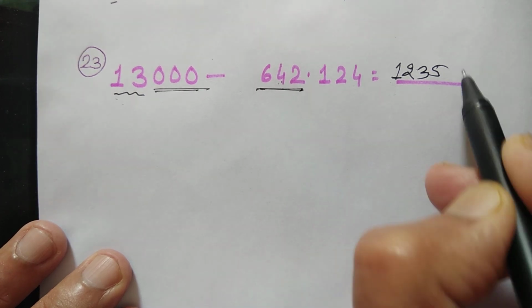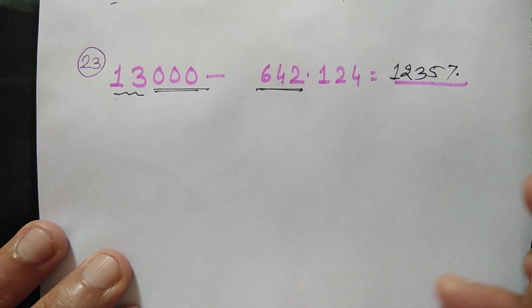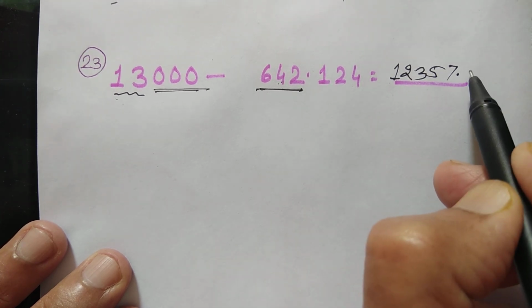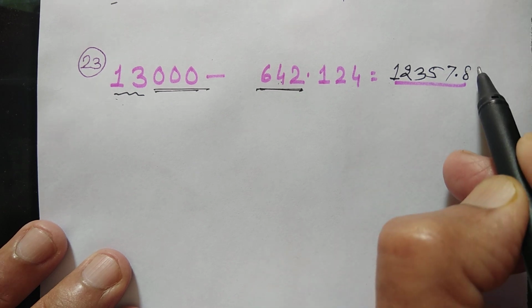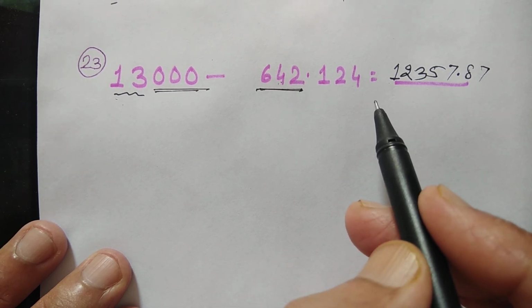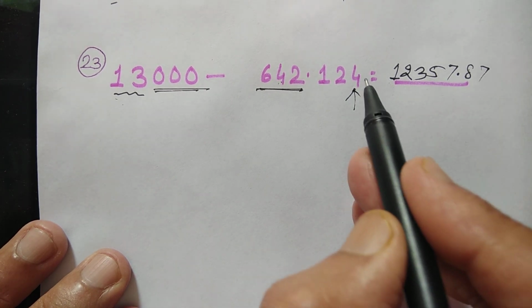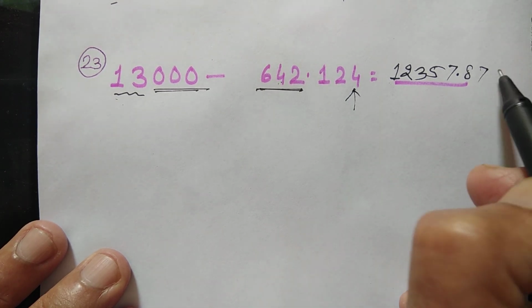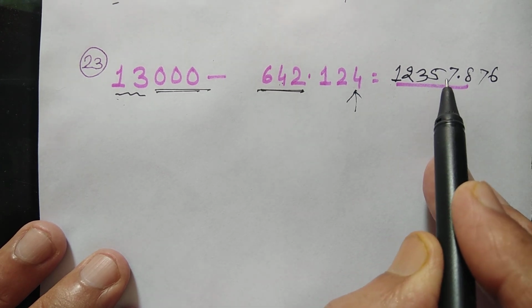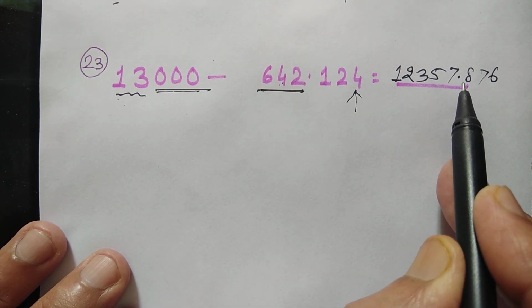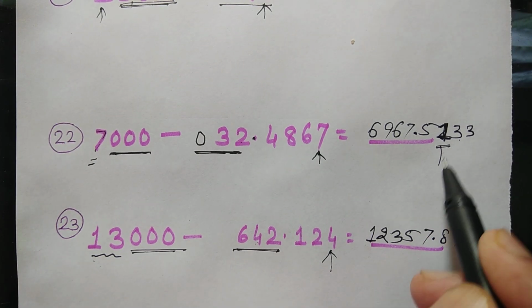And 2 plus 7 is 9. Then 1 plus 8 is 9. 2 plus 7 is 9. And here 4 last from 10 means 4 plus 6 is 10. So 12,357.867. Here why we are putting 1?